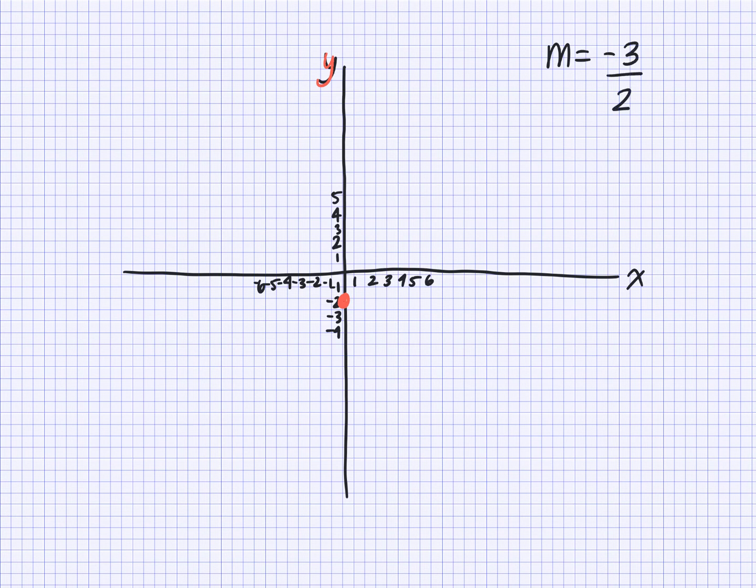Negative 3 over 2, and I know the line has to go this way. So I'm going to go down 1, 2, 3. This tells you if you go up or down, and this tells you if you go left or right. So I'm going to go left or right 2 to draw a negative line. Make sense? I can go up 3, 1, 2, 3, and then left 2. And this gives me a negative slope.